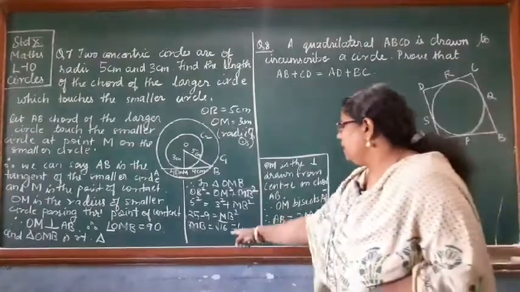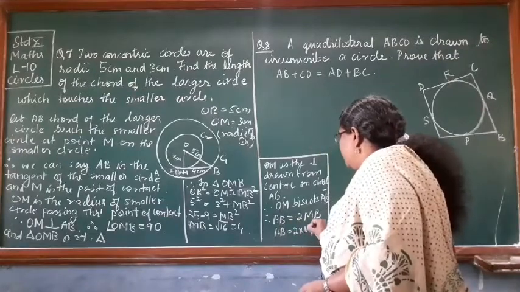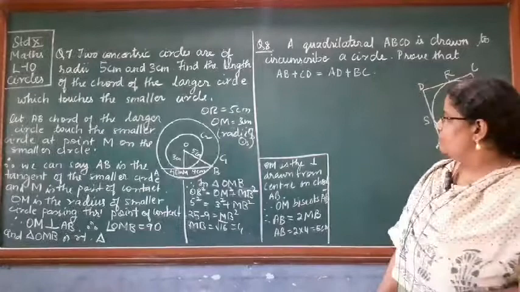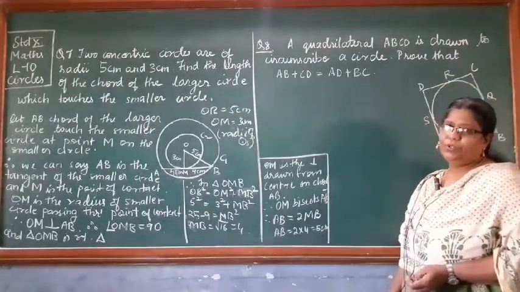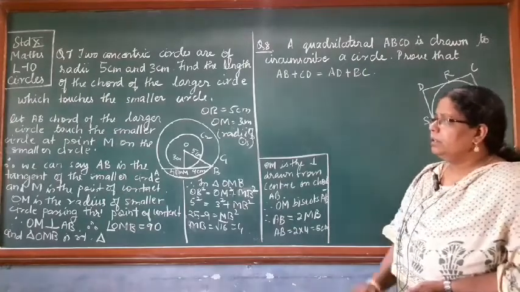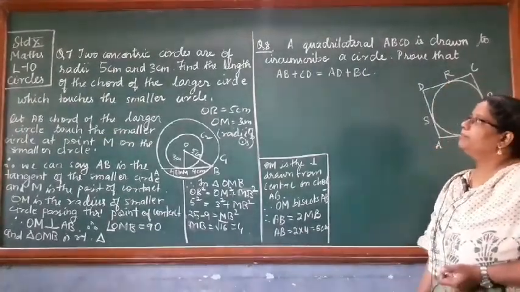Okay, और MB का वैल्यू हमारे पास है, so AB is equal to 2 into 4 which is equal to 8 centimeter. So it was a simple question, everyone can do it easily. I hope you understand that. Okay, so this is how you should solve question number 7.